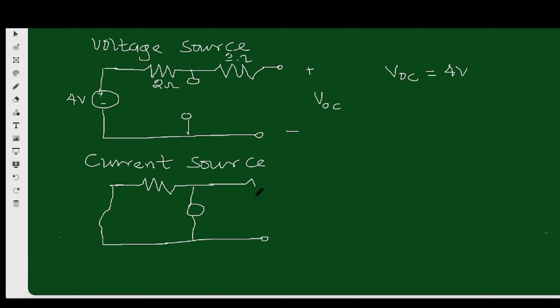And also remember there is 3 ohm here, but there's no voltage drop on it because it's series to an open circuit. So the 3 ohm resistor has no voltage drop, and no current is flowing through it. Then we have a 2 milliampere current source here, and 2 kilo ohms.